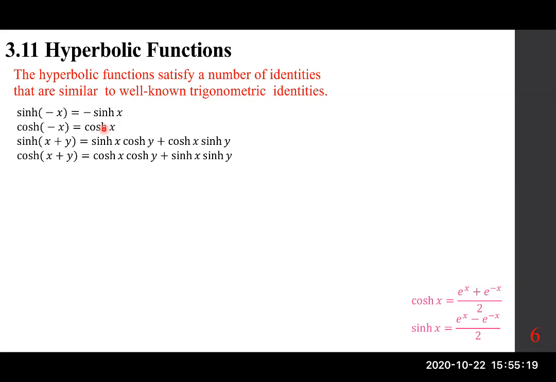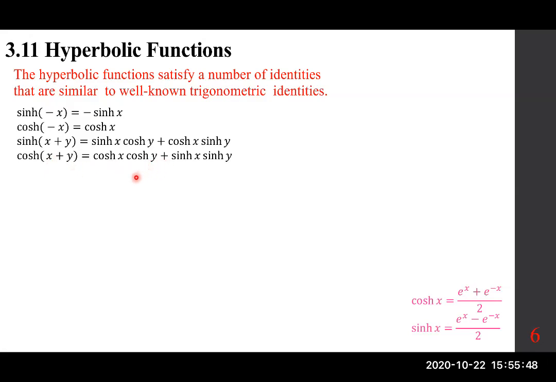You remember that? Now we are looking at sinh of x plus y. Sine of alpha plus beta was sine alpha cosine beta plus cosine alpha sine beta. It works exactly the same way here. For cosh, however, if you remember, it was a negative here, class.